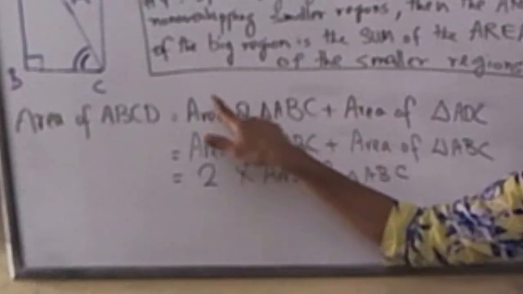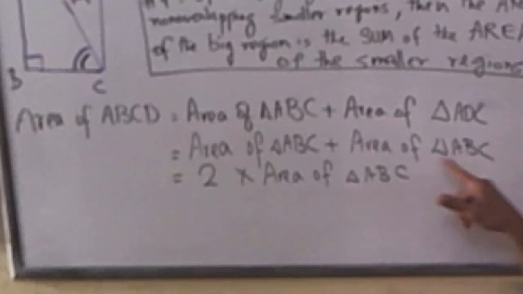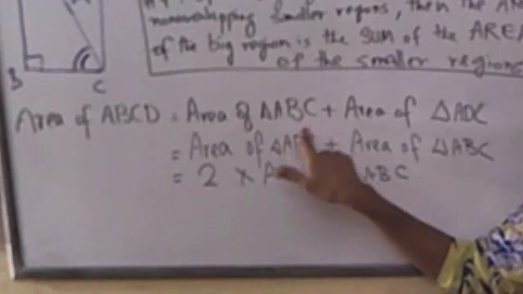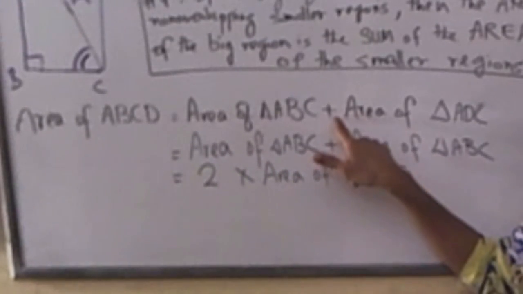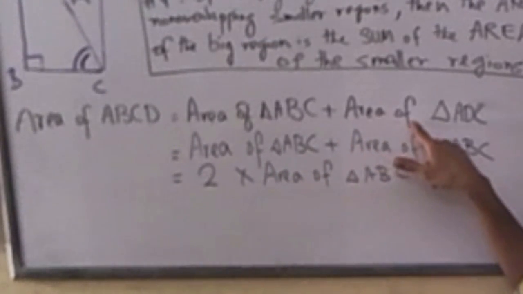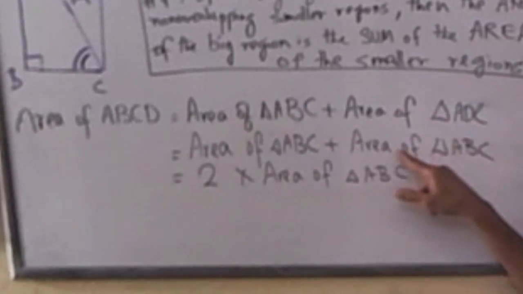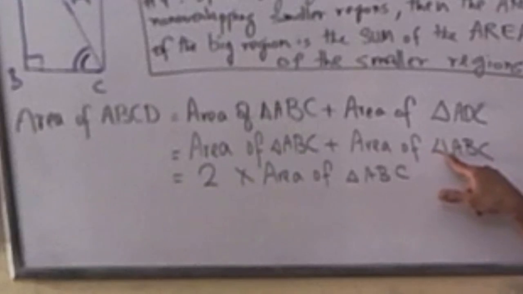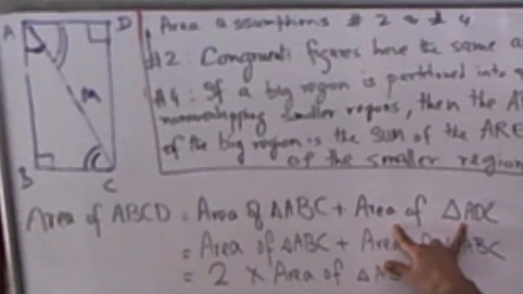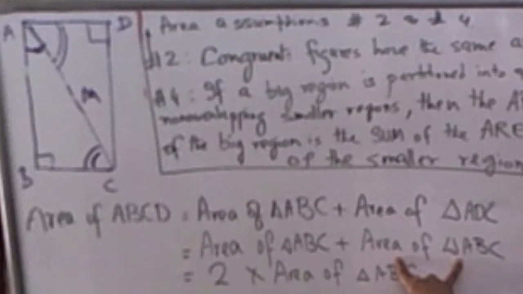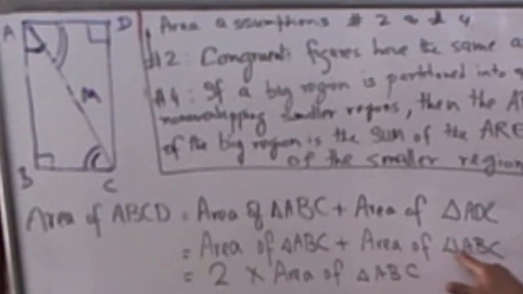Now the sum of those two numbers is equal to area of triangle ABC, I just rewrote that, plus, now instead of area of triangle ADC in this expression, I'm changing that to area of triangle ABC. I can do that because area of triangle ADC is exactly equal to the area of triangle ABC. So this number will exactly equal this number.